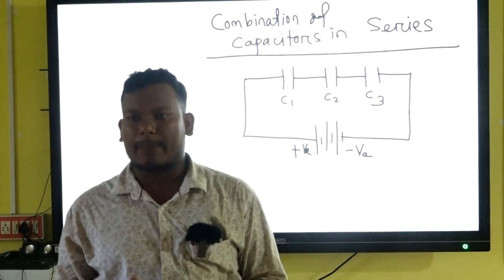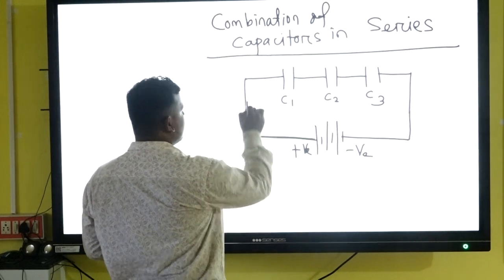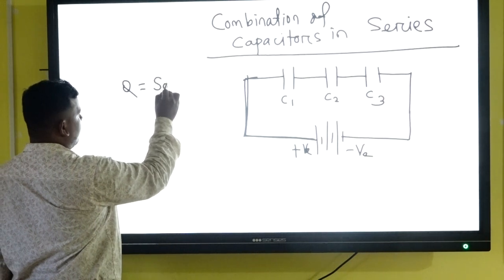Okay, in series what happens? Current is constant. As current is constant, charge is also constant here.